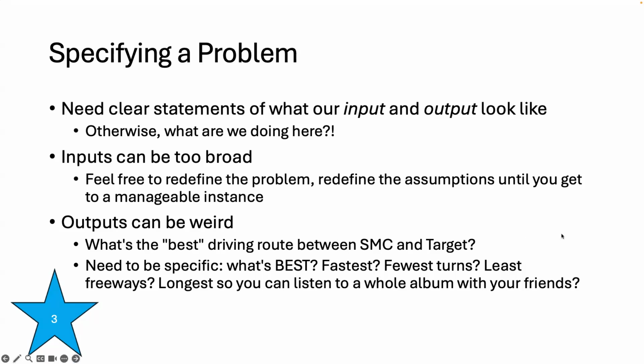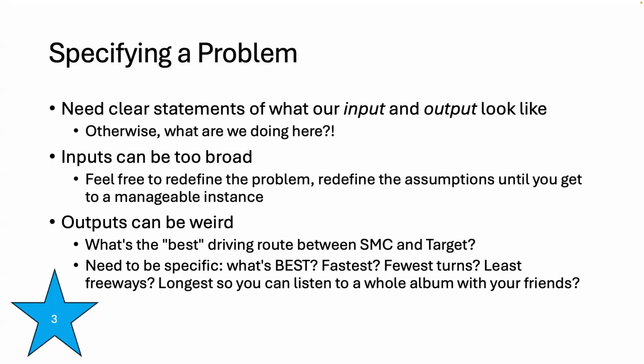When you're specifying a problem, also keep in mind, what do you want the output to be? So if I ask, what's the best driving route between campus and Target in Walnut Creek? Most people would probably assume the best is the fastest or the shortest route, less miles.